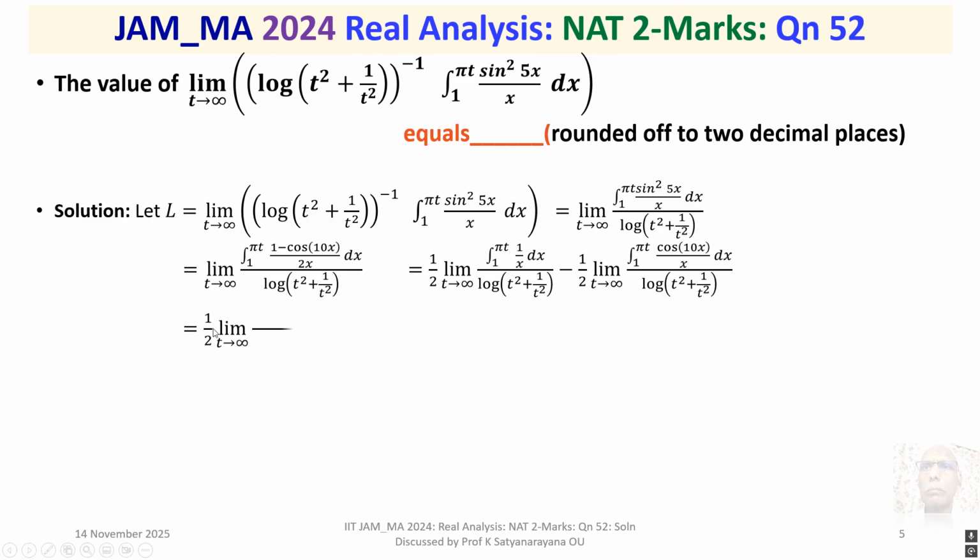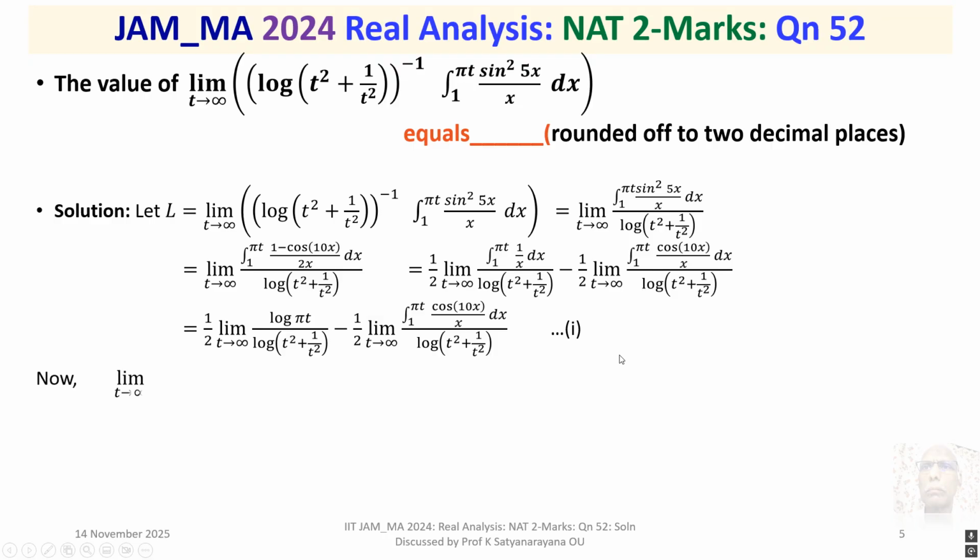Now, 1 by 2 limit t tends to infinity. Integral of 1 by x is log x, evaluated between the limits x equal to 1 to pi t. So log x when x is pi t gives log pi t, and when x is equal to 1, log 1 is 0. So this is log pi t by logarithm of (t square plus 1 by t square), minus 1 by 2 integral of cos 10x by x dx by logarithm of (t square plus 1 by t square). Let's call this equation 1.